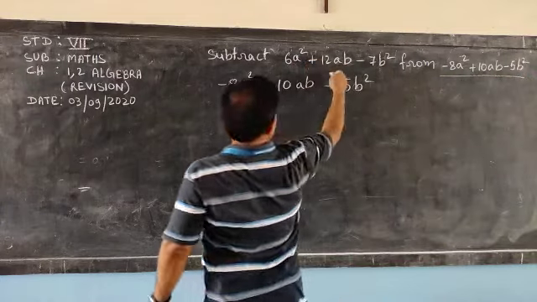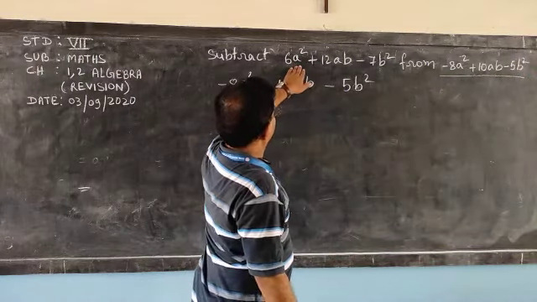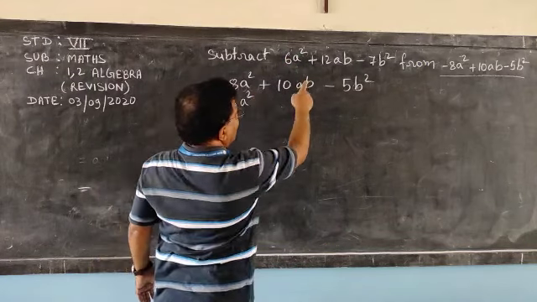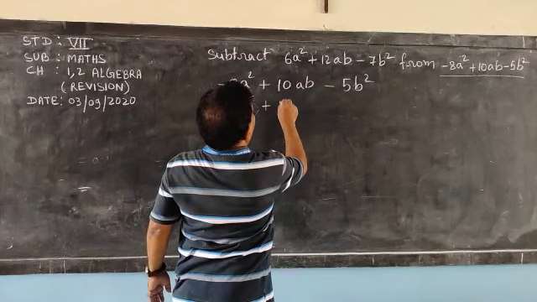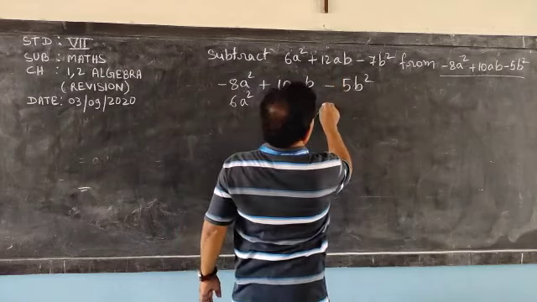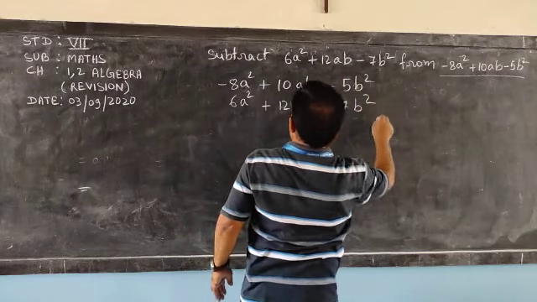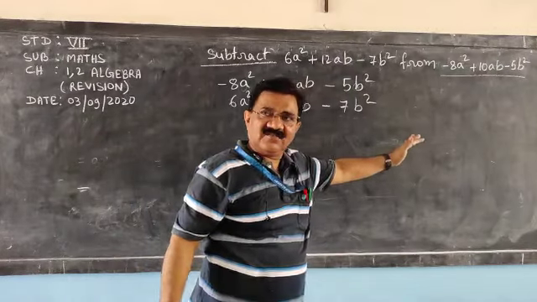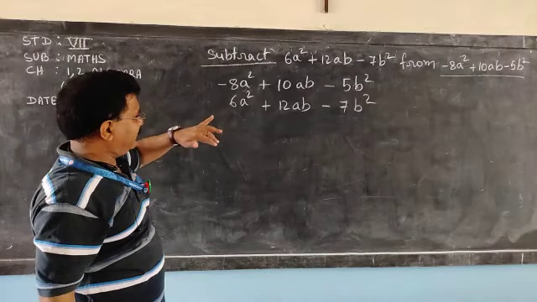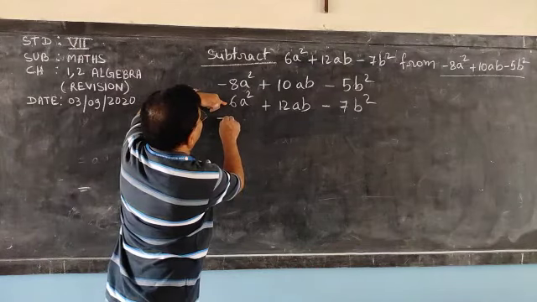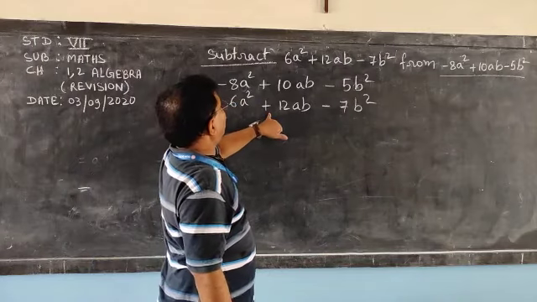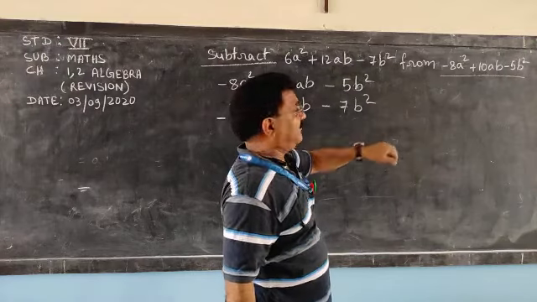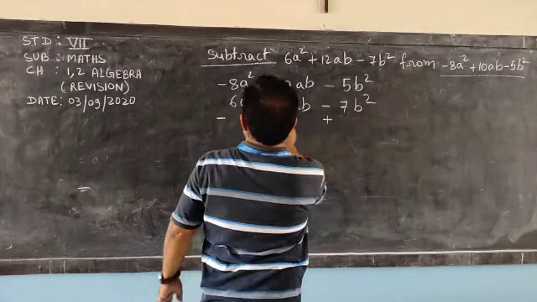Now according to like terms we will write 6a square plus 12ab and minus 7b square. If we are asked to subtract, the lower sign will change. Plus 6a square will become minus 6a square. Plus 12ab will become minus 12ab. And this one, minus 7b square, will become plus 7b square.